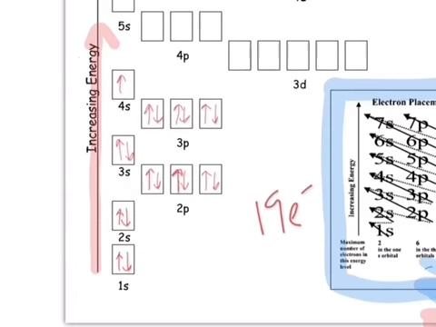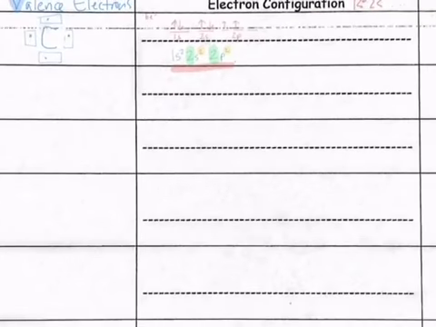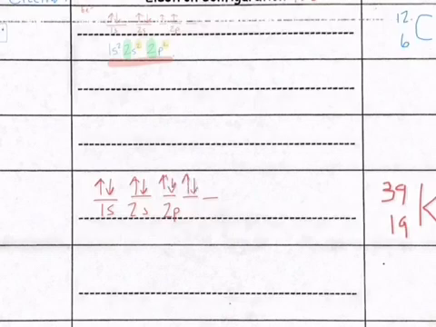So let's translate that to our vertical form. Same as before, I'm going to have 1s, 2s, 2p, and I'm just filling in those arrows. Kind of a tedious job here, but we've got to represent every arrow. And I didn't do them separately there. I'm kind of speeding through this a little bit.